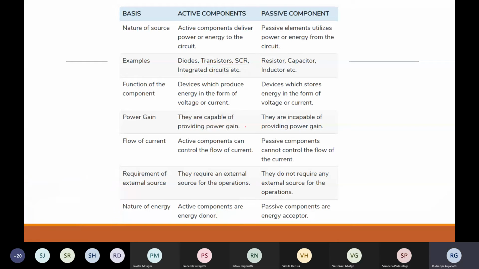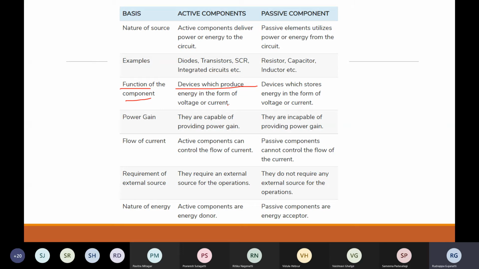So what is the function of the active components? The devices basically produce energy in the form of voltage or current. Even in microwave devices you require a source. So those components which act as a source will be active components, but the other components which make use of these will be classified as passive components.